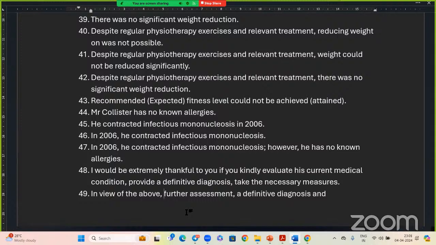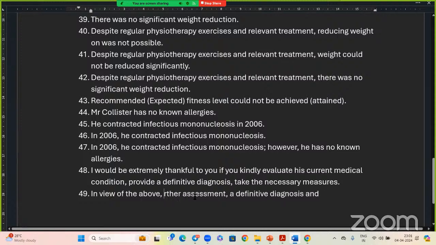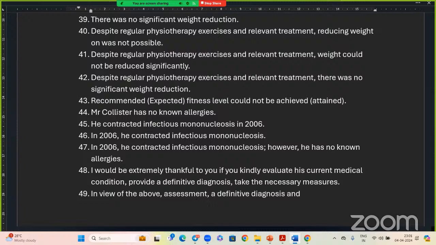Already we have written assessing the condition as evaluating. Here, in view of the above, assessment of the present condition.